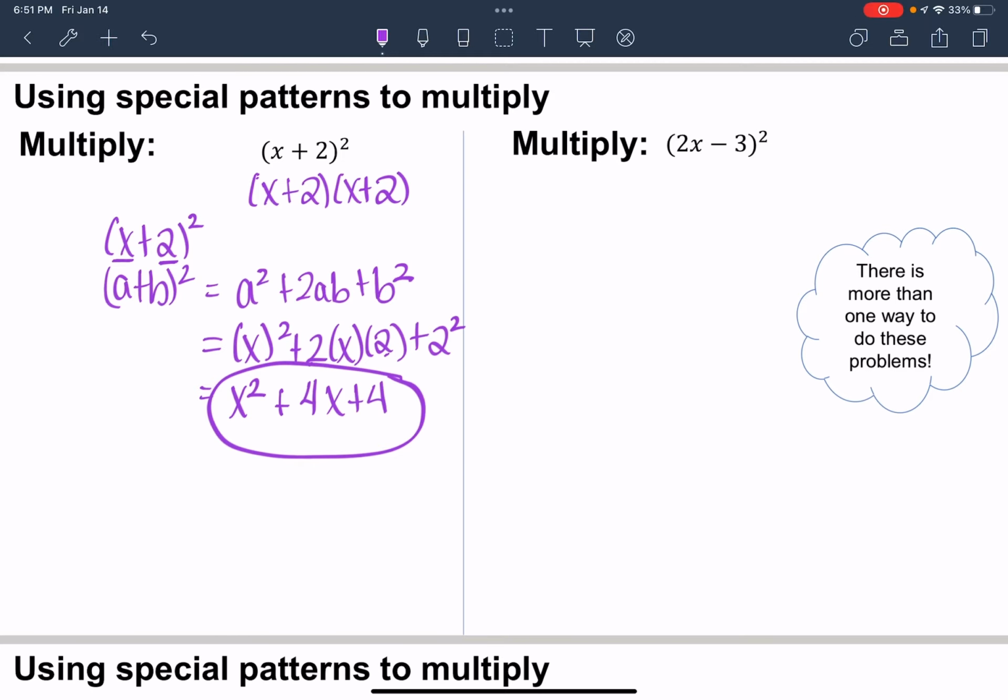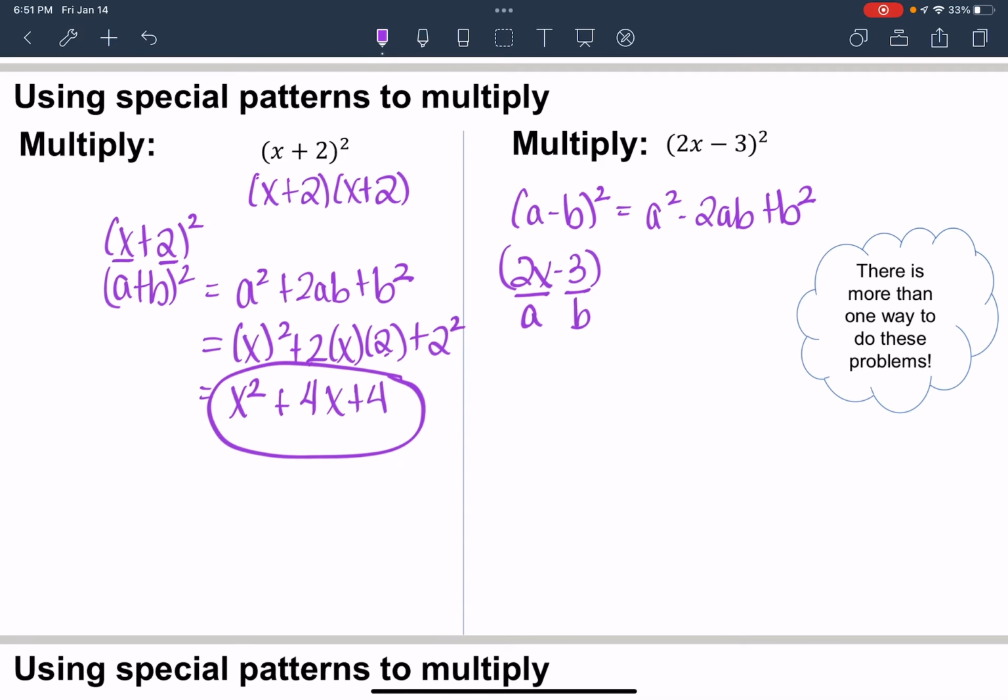So let's look at this one. This is 2x minus 3 squared. Since it's a minus, it has the form a minus b squared. So I can expand that out as a squared minus 2ab plus b squared. In this case, I have 2x minus 3. So I'm going to call this 2x a, and this 3, I'm going to call that b.